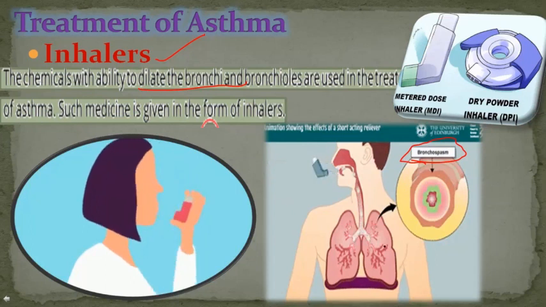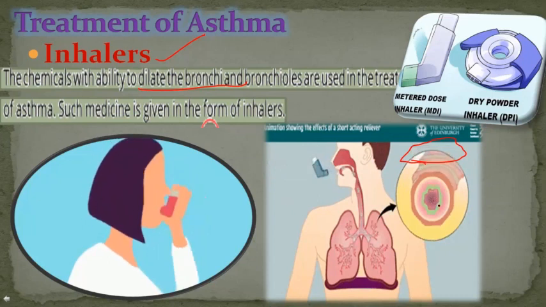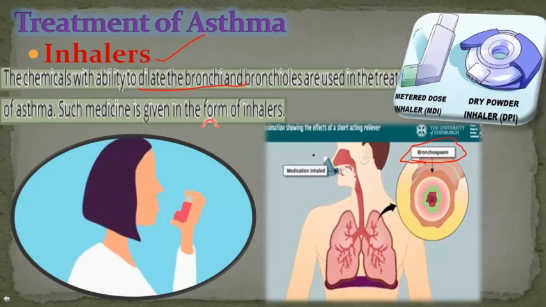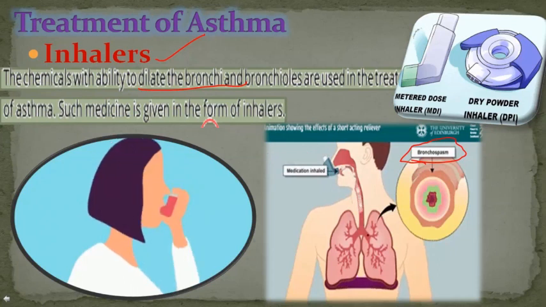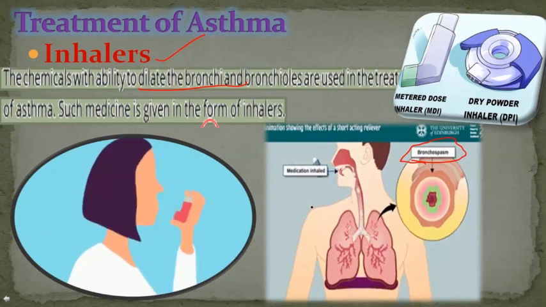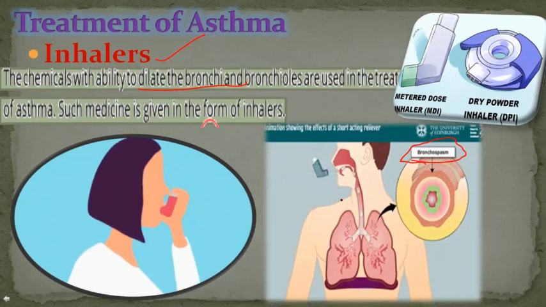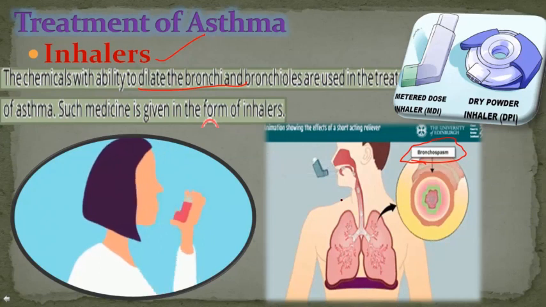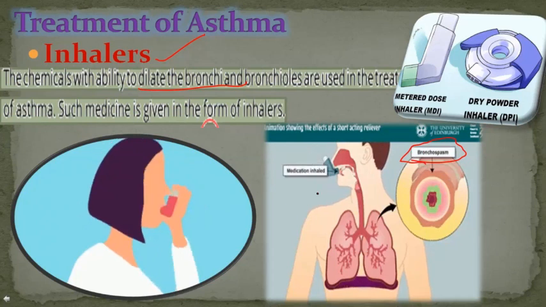You can see it has reached here. Now it is going to increase, opening the air passageway, and then we can breathe easily and take in more fresh air. Due to that, the person can save his life. In most cases, if they didn't get an inhaler, they can die within no time.